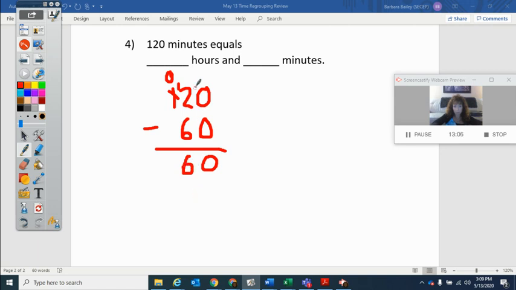Okay, so 120 minus 60 is 60. So we can say 120 is equal to 60 plus 60. So 120 is equal to 60 minutes plus 60 minutes.